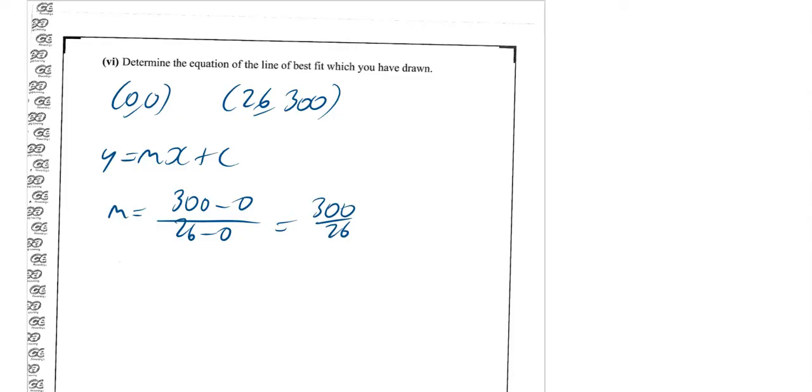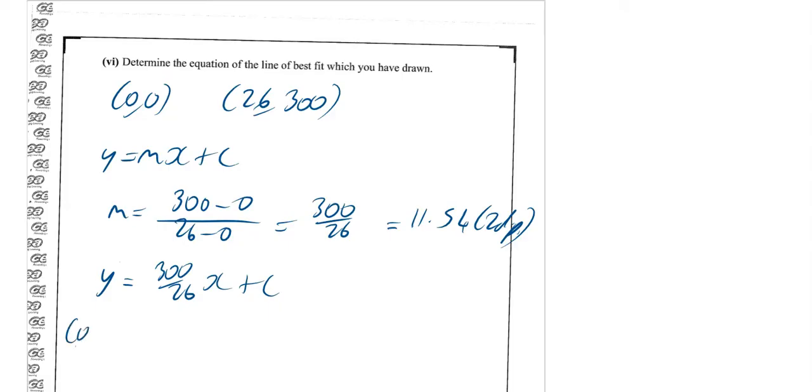So 300 divided by 26 works out to be 11.54 to 2 decimal places. I'll not put it in that way for a wee second, but then our y is equal to 300 over 26 x plus c, and that means sub in the point 0, 0.